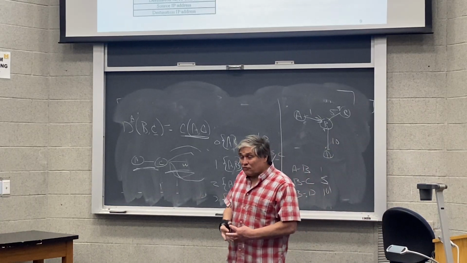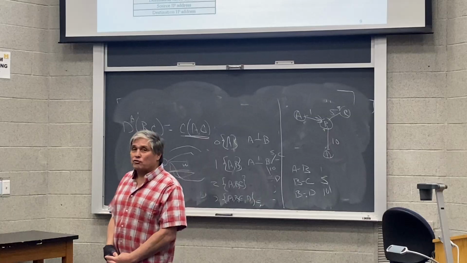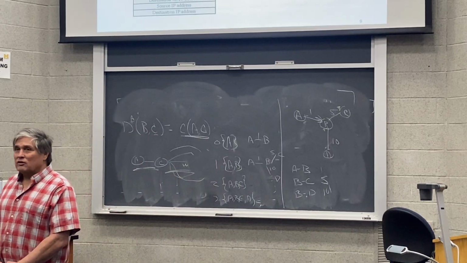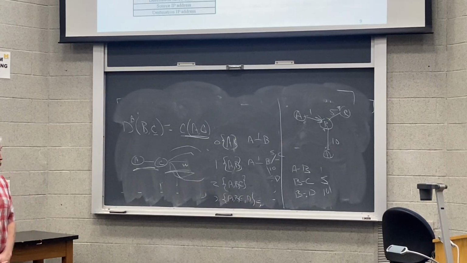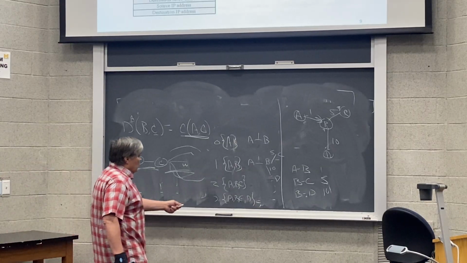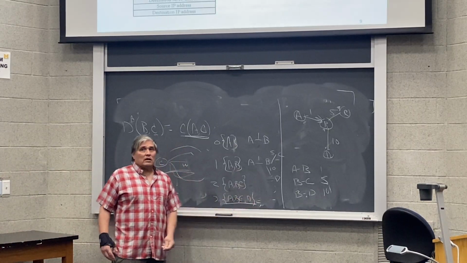Out of all the information I have now, I pick the next lowest cost route, and I add that to my set. And then I look at the new information I have, and I update any routes I need to update. And then I add the next lowest cost route. And I'm done when all the routers are in my set.